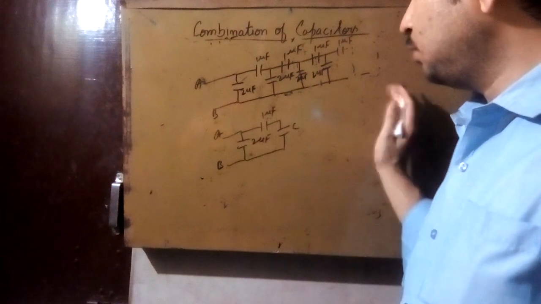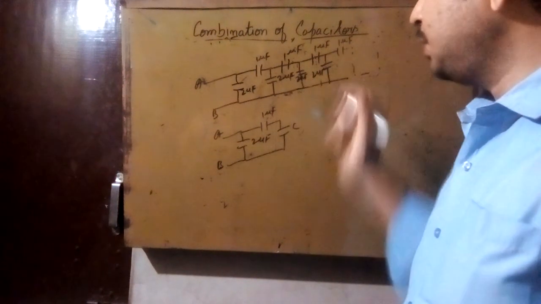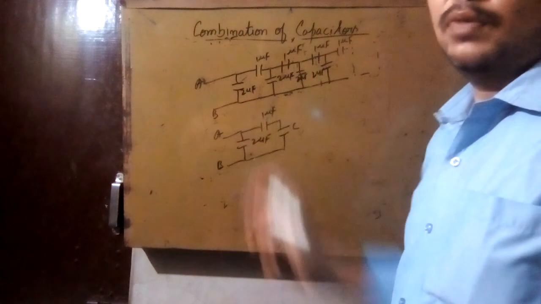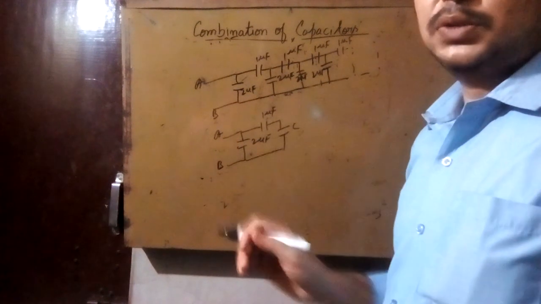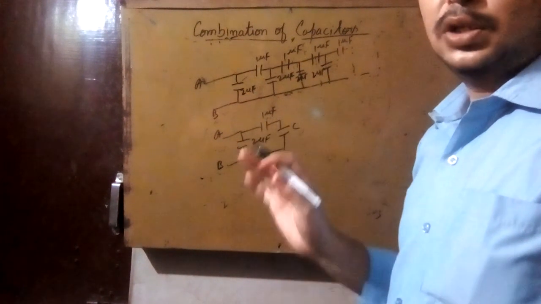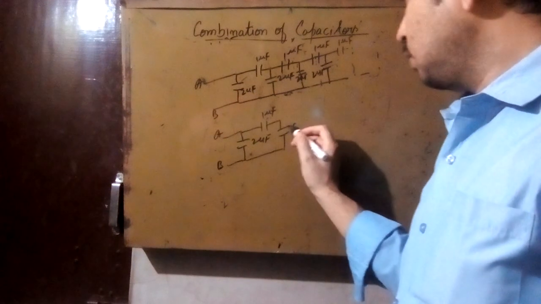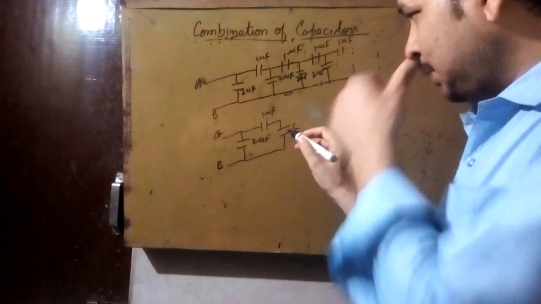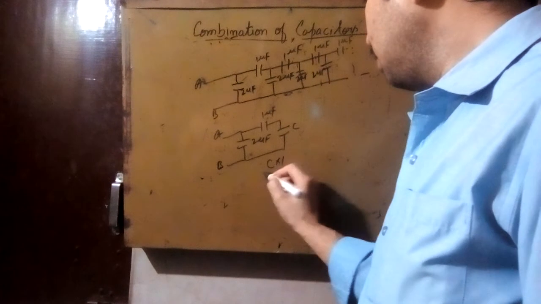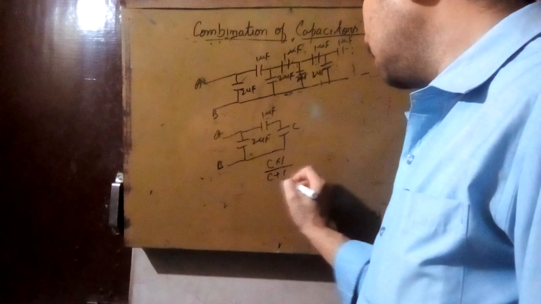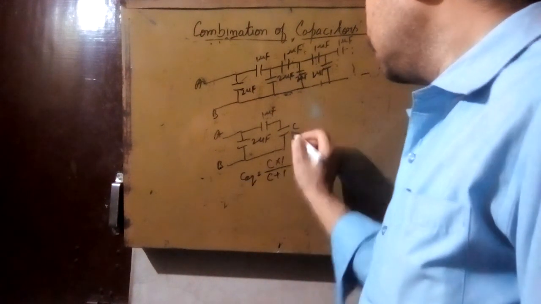Suppose net capacitance of all this pair is 200. If you are adding 1, suppose the combination of these two is 1. So 200 plus 1, there will be no change, so you can neglect the change. So what is the combination of these three capacitors? These two are in series. So C into 1 by C plus 1. This is the equivalent of these two.